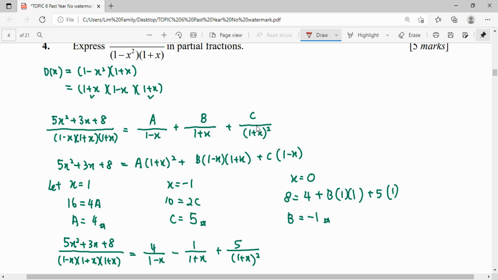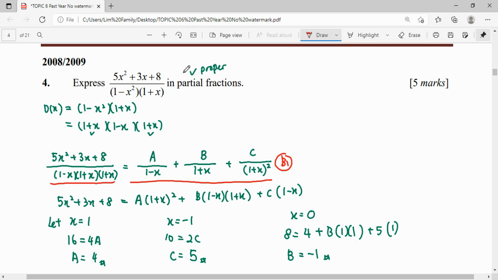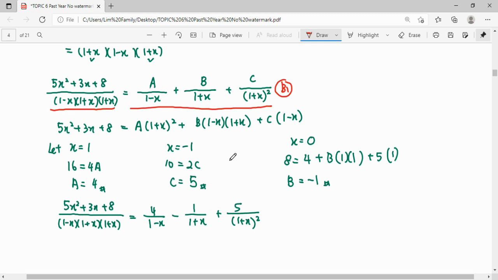So therefore, we see what is very important. This is our basic when you want to express a fraction into partial fractions. If we do this wrong, everything will go wrong, so we'll get 0 marks. This is our basic, how we separate according to the factors. That's why we have to double check it is proper and our divisor is already in factors, then only can we get this expression correctly.